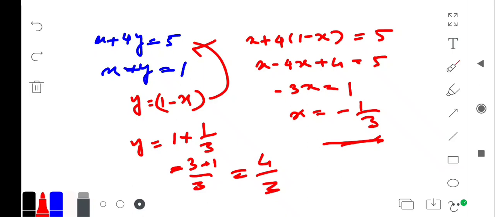Ultimately we get the value of x and y. Otherwise we can find out the y value or x value from one equation, then put it in the second equation, and from this one variable is automatically found out, and then the next one will also be solved.